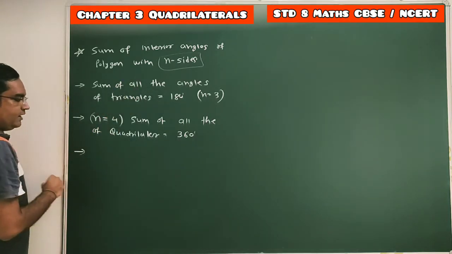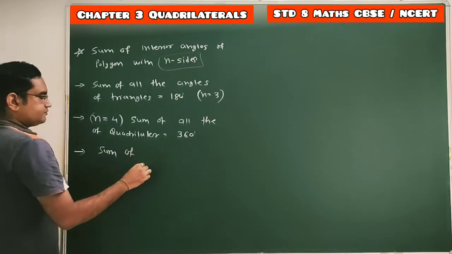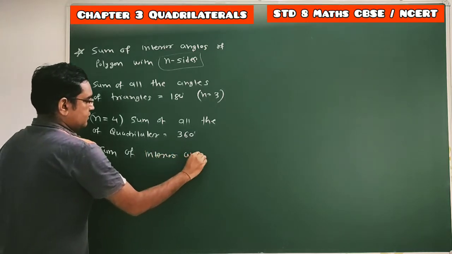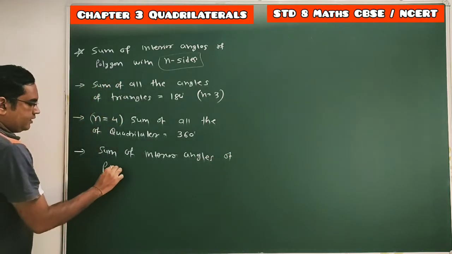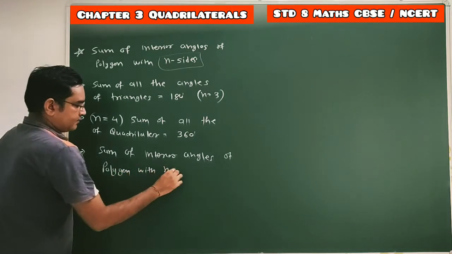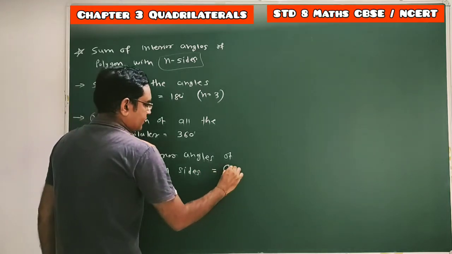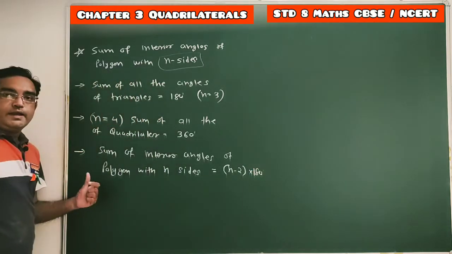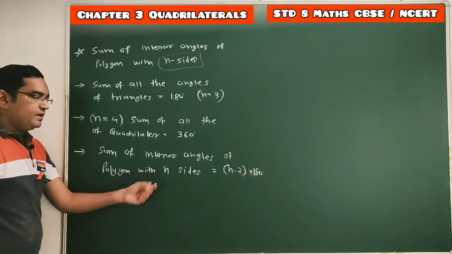So here the formula is: the sum of interior angles of a polygon with n number of sides is always equal to (n minus 2) into 180. That is the general form of the angle sum property for a polygon with n number of sides.